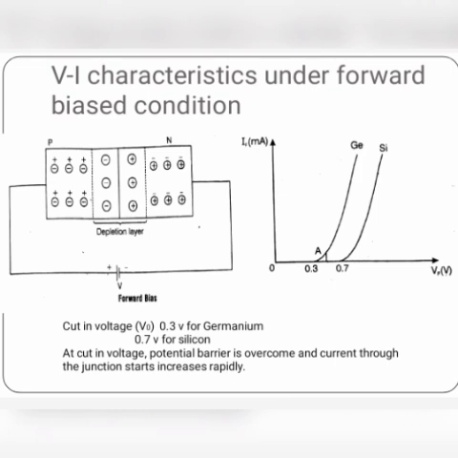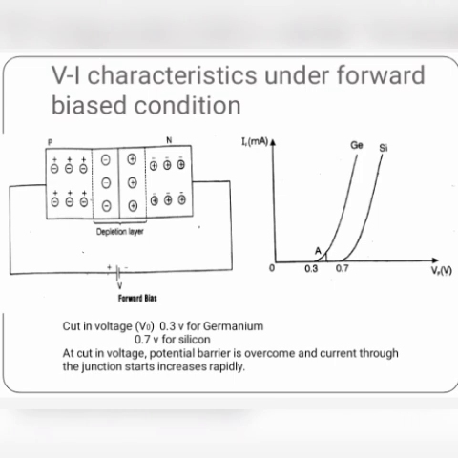In the P side, the holes are positively charged particles, so when the positive supply is given to the P region, they repel, and these positive holes move towards the electrons. The negative voltage is given to the N side, which already contains negative electrons, and these electrons repel and are attracted towards the positive holes. This forces them to form an electron hole pair.